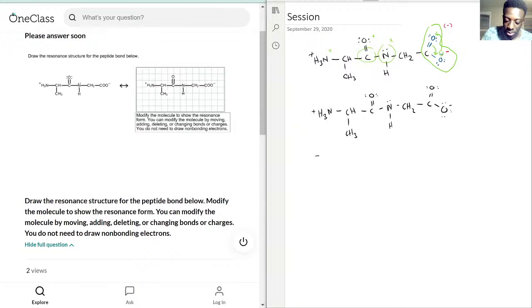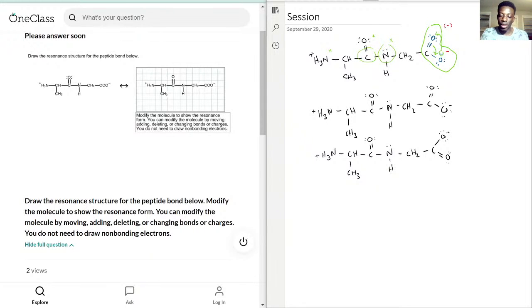Okay, and then the same picture again, CH3, NH, CH2, C. This one's going to be a single bond. Let me just draw a little bit better. Sticking out like that. And this one's going to be the double bond. So now the O is negative here.